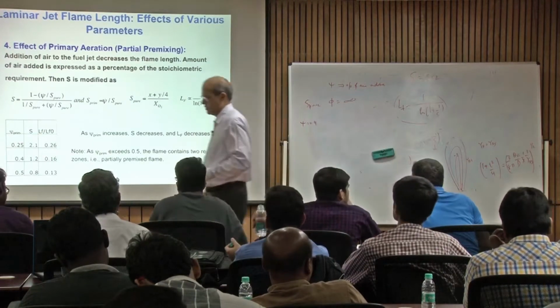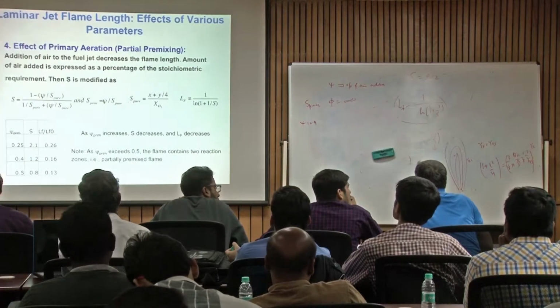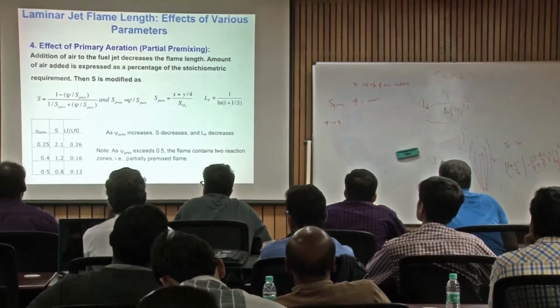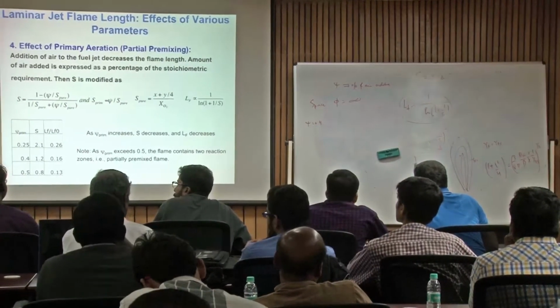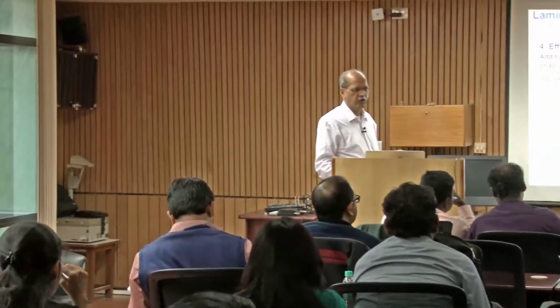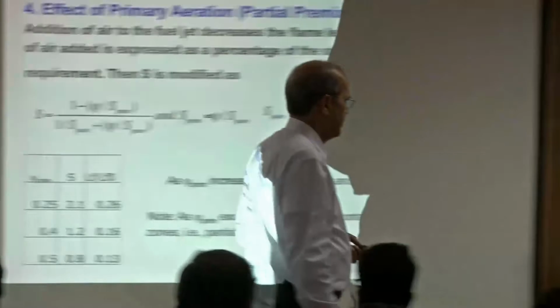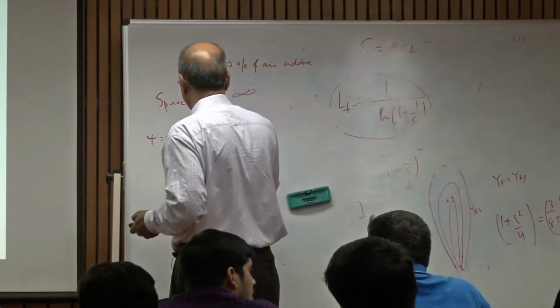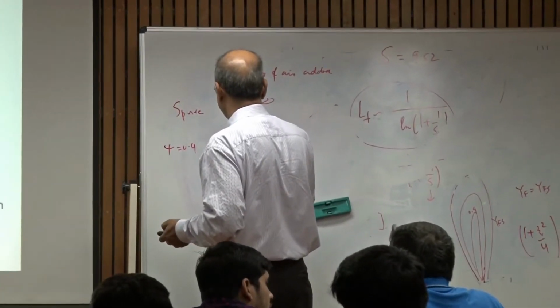I think we will be spending a lot of time calculating, because you need to calculate how many moles of air we are adding. Maybe we can do it this way. So, 0.4 of stoichiometry.